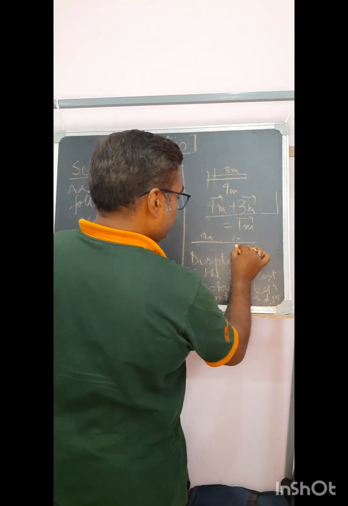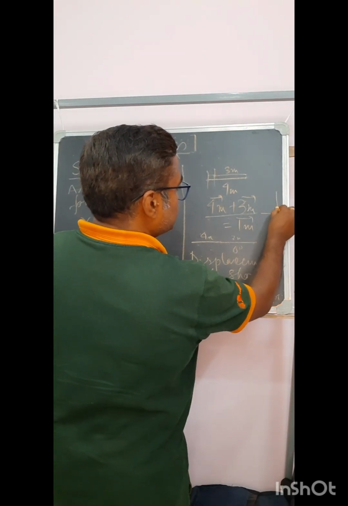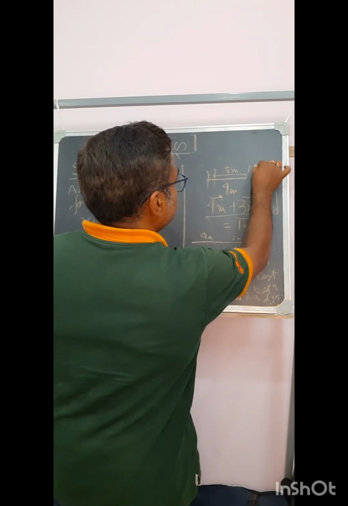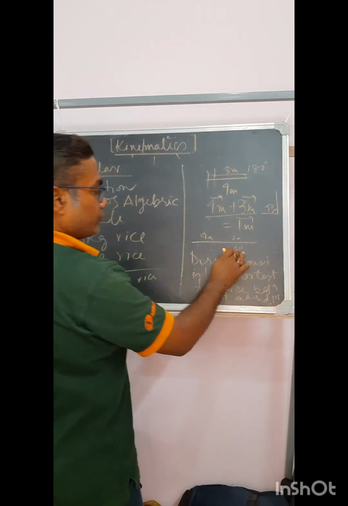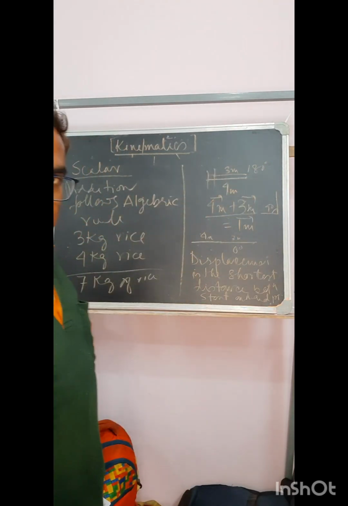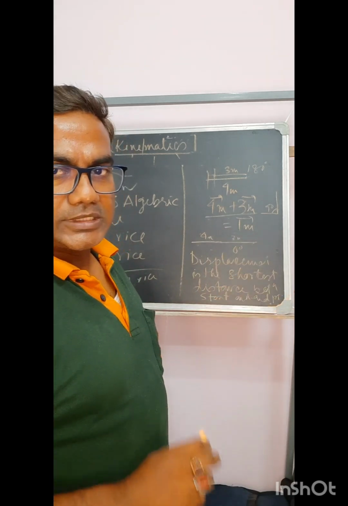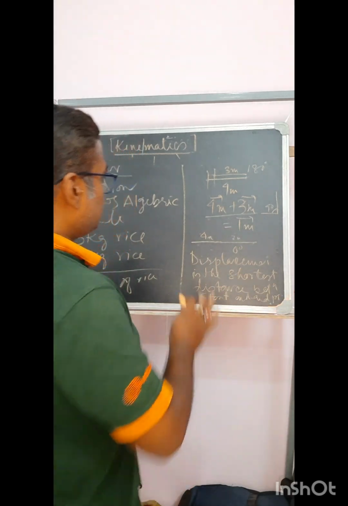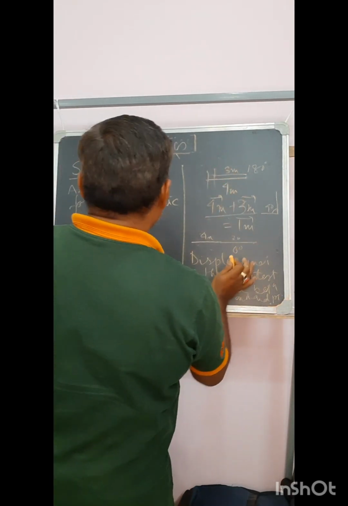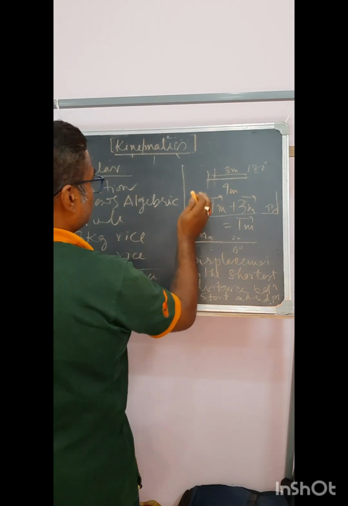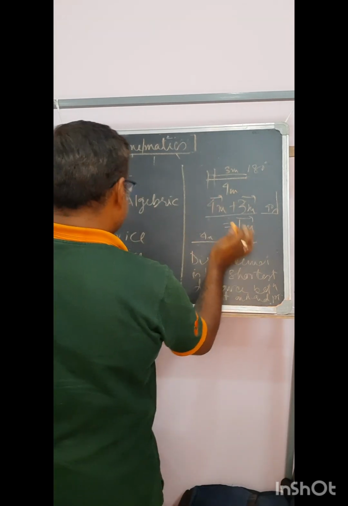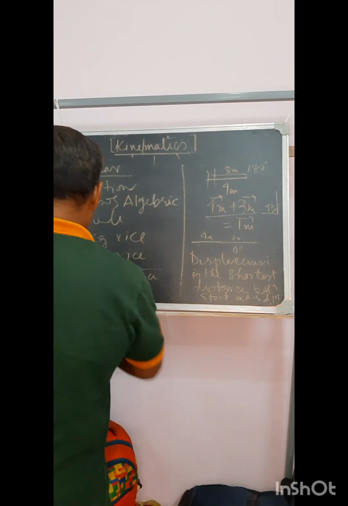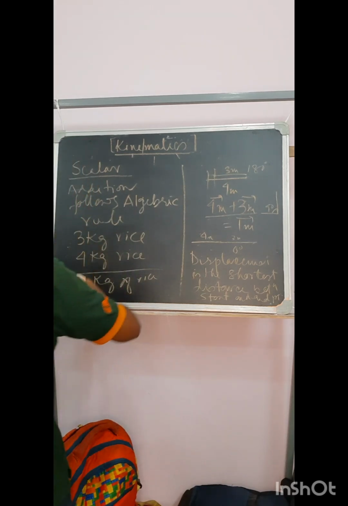So the angle between them is 0 degree. In this case it is 90 degree, in this case it is 180 degree. So when the angle between the vectors changes, the result changes. Okay, so this is the analysis of how vector addition is not the same as scalar addition.